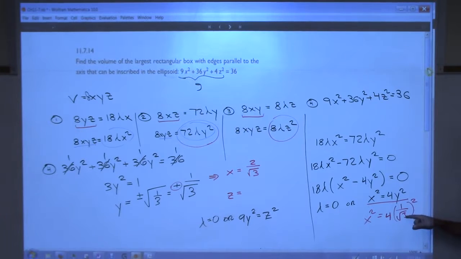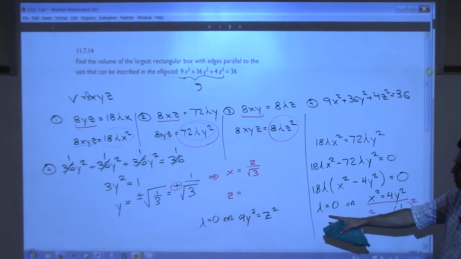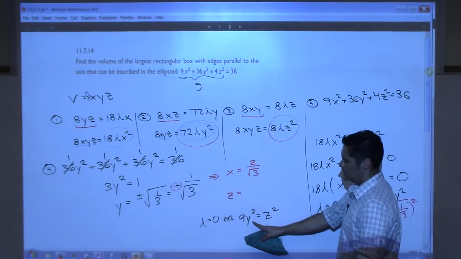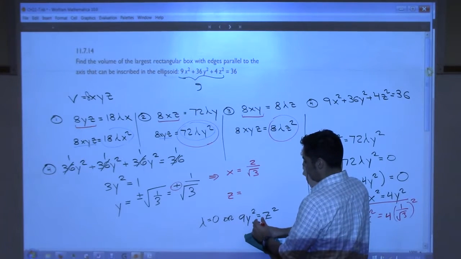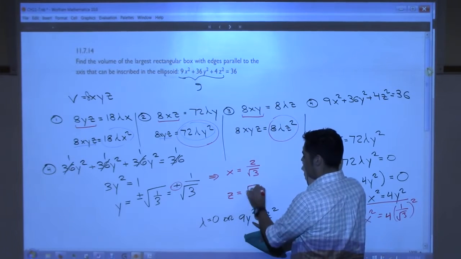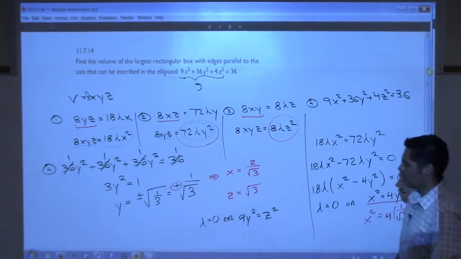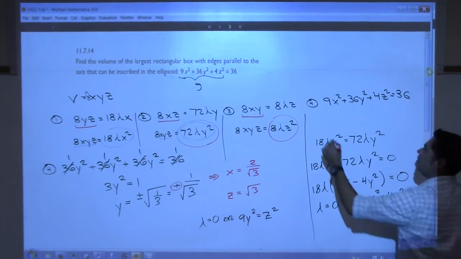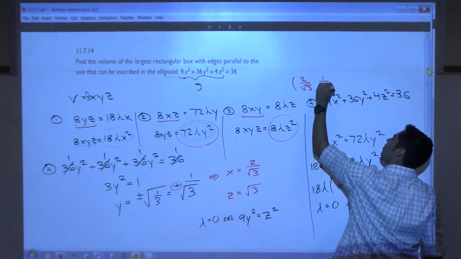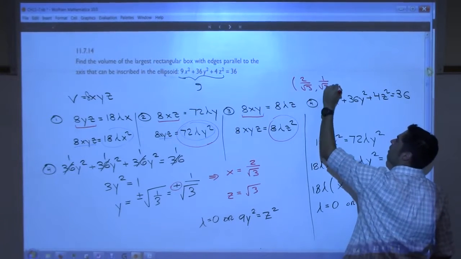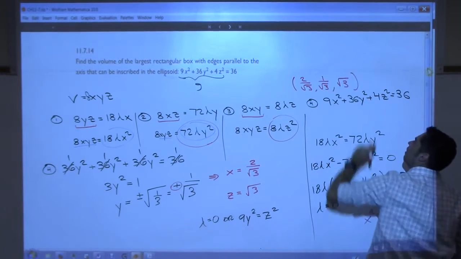So that becomes 4/3, but then square root again, and it goes back. What is this? 3, root 3. So it looks like 2 over root 3, 1 over root 3, and the z coordinate root 3.